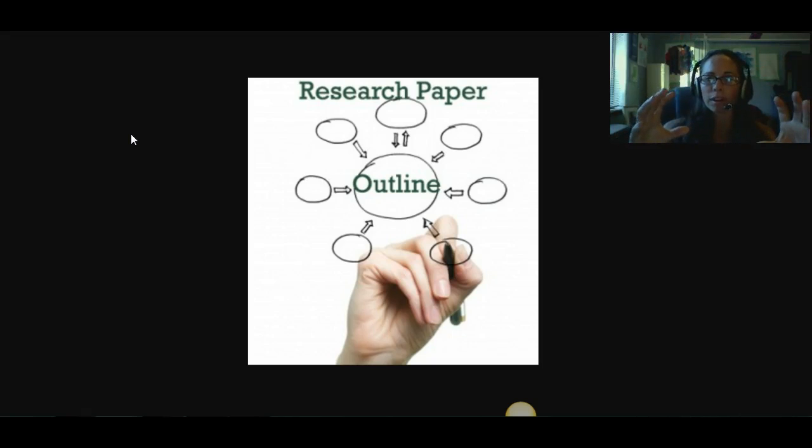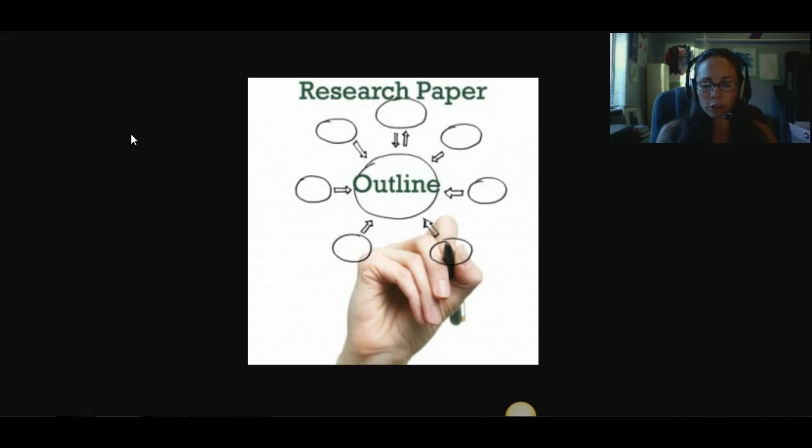So one category that I have is my main point number 3 might better work as my first main point, or a specific detail I have under my second main point might actually work better in my third main point. The idea is to be fluid with this outline, to let it evolve so that your paper can be as well organized with as much support for the thesis as possible.